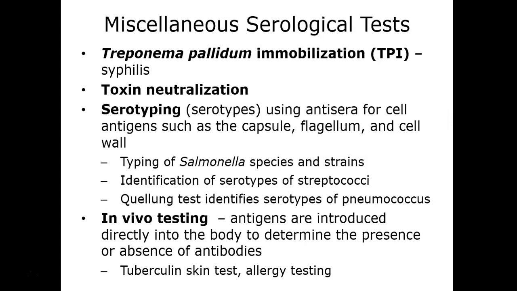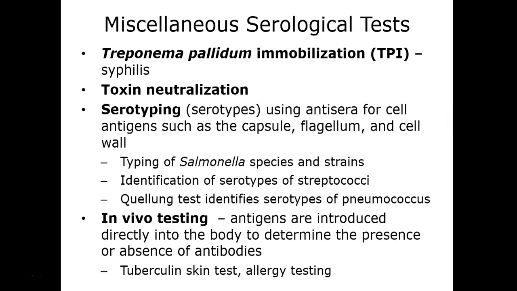And then obviously we have in vivo testing. We're able to introduce antigens directly into somebody's body, such as the tuberculin test, which is designed to let us know if somebody was exposed to tuberculosis at some point. What happens is you get a raised red induration at the site of the inoculation, and it's usually greater than about 15 millimeters in size as the cutoff.